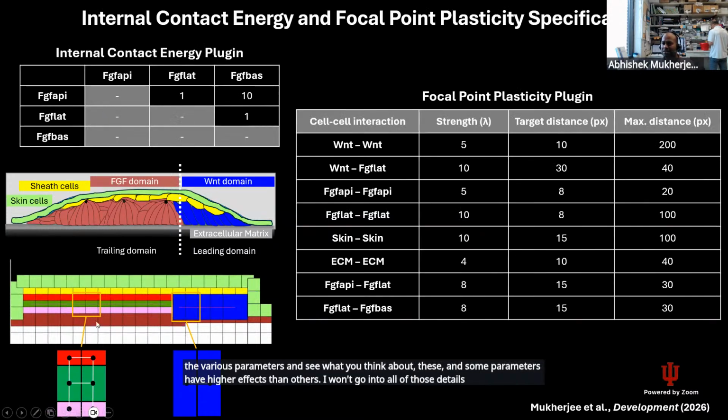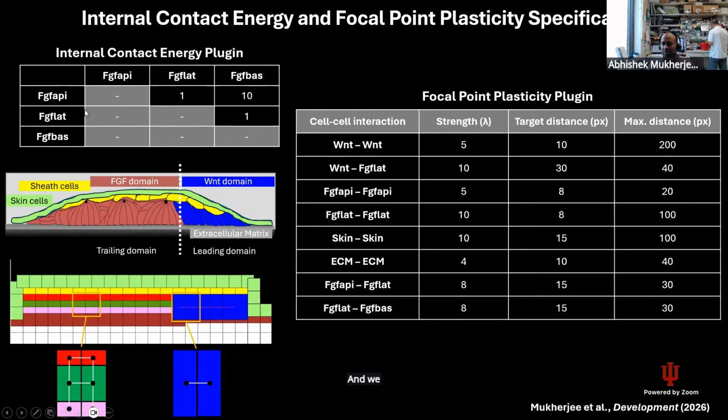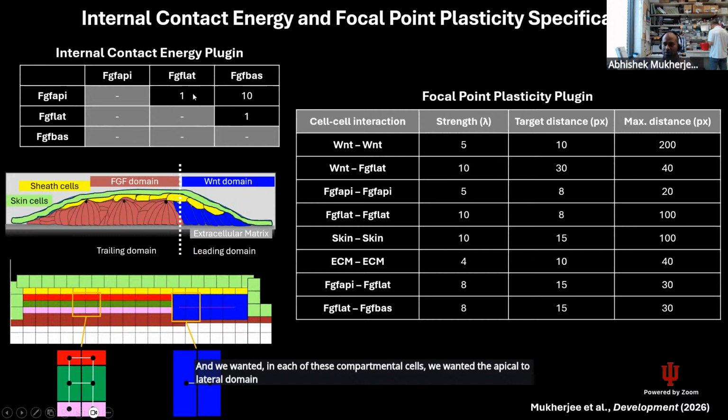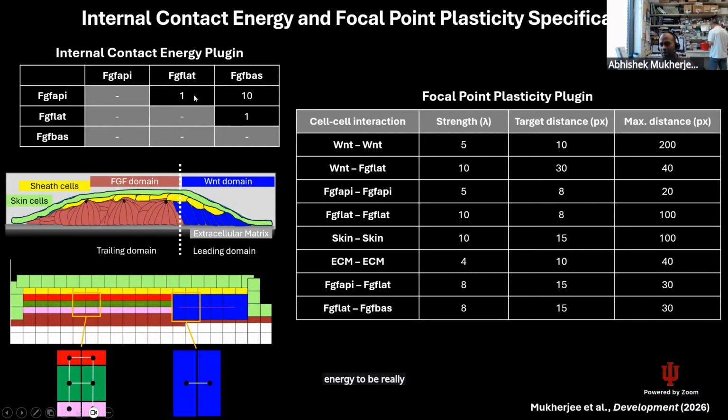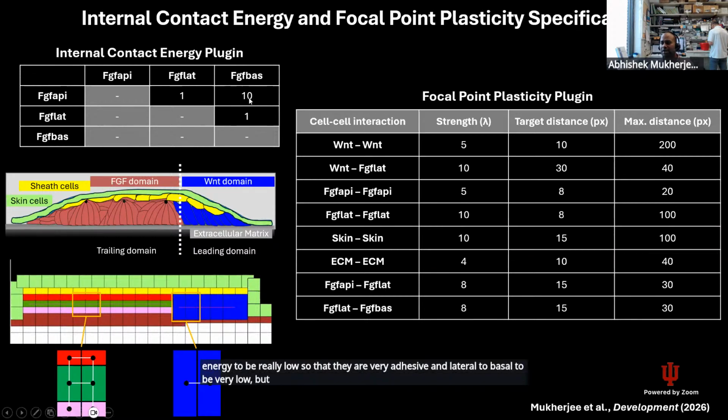But the other important aspect was the internal contact energy plugin, and in each of these compartmental cells, we wanted the apical to lateral domain energy to be really low, so that they are very adhesive, and lateral to basal to be very low, but apical to basal they should be quite high, so that they don't contact each other.